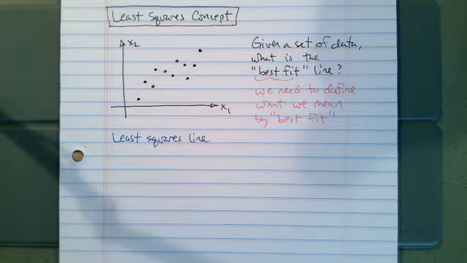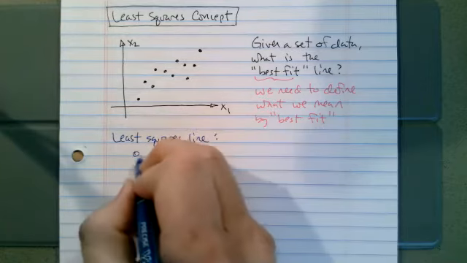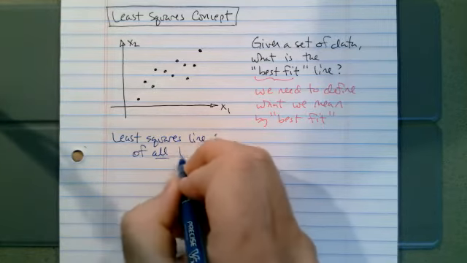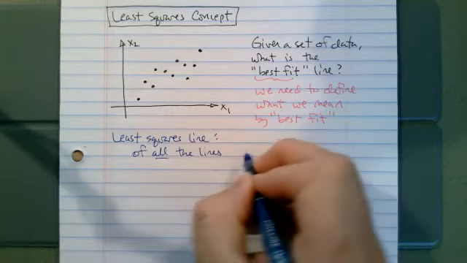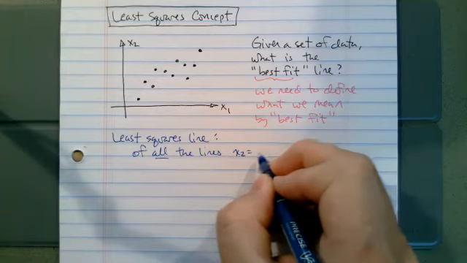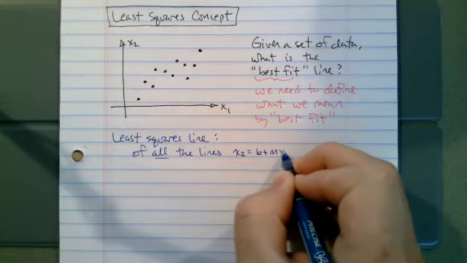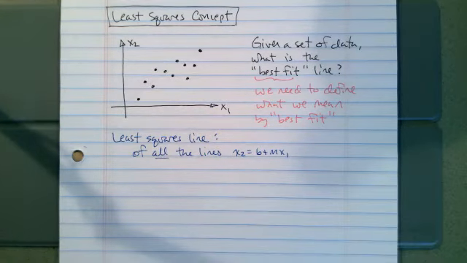So we're going to make the least squares line of all the lines that we could use to model this data. I'm just going to write them in this form.